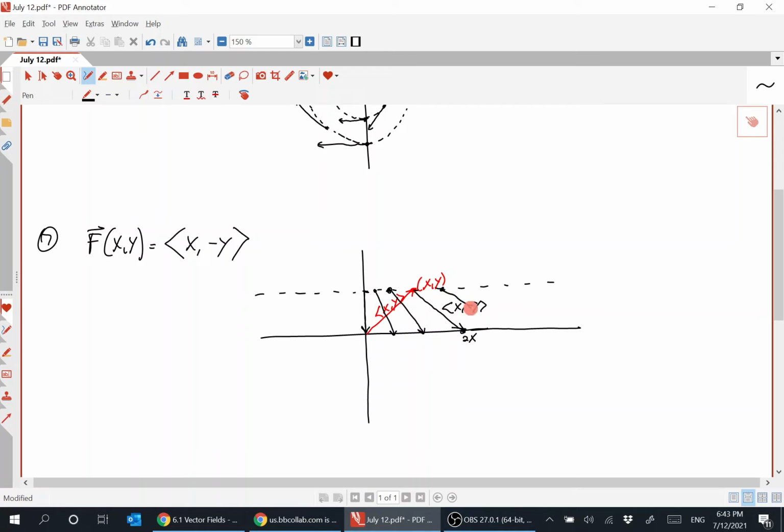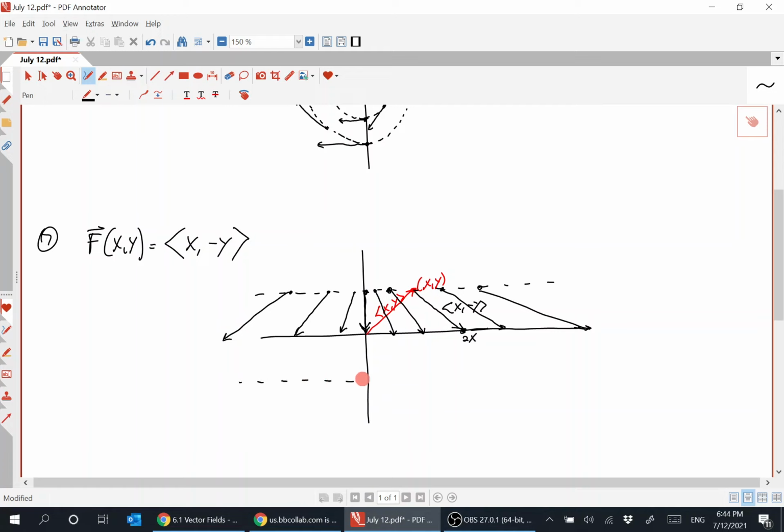So here, this one's going to point over here. Here, this one points double that, so that's like over here. This one points straight down. This one's going to point right here. This one's right here, right? The length from here to here is half the length from here to here. The one over here is going to point like that.